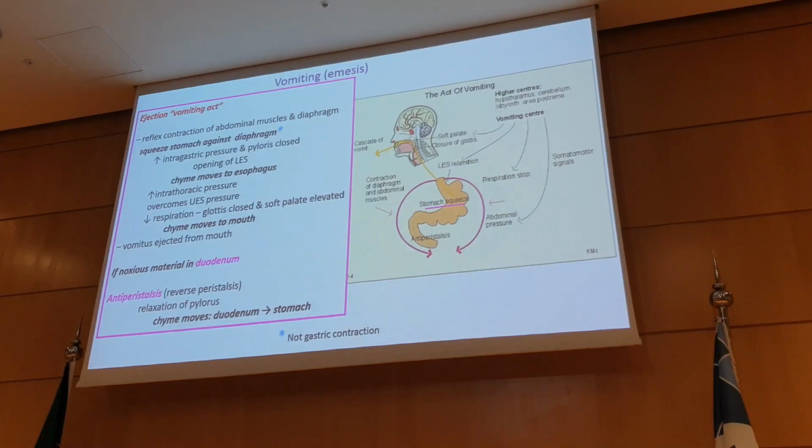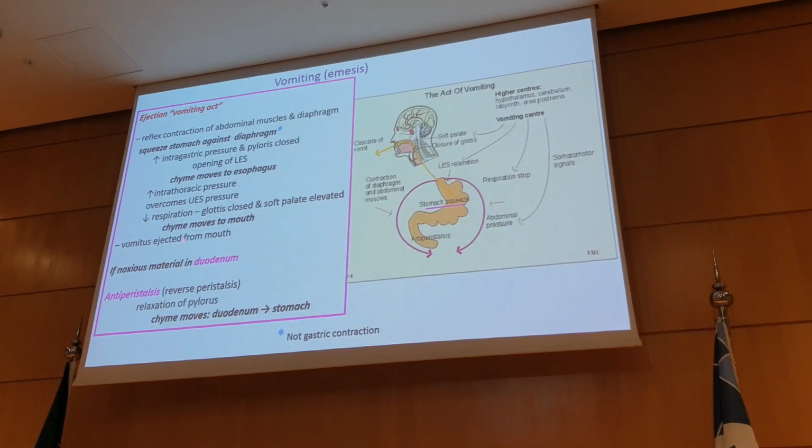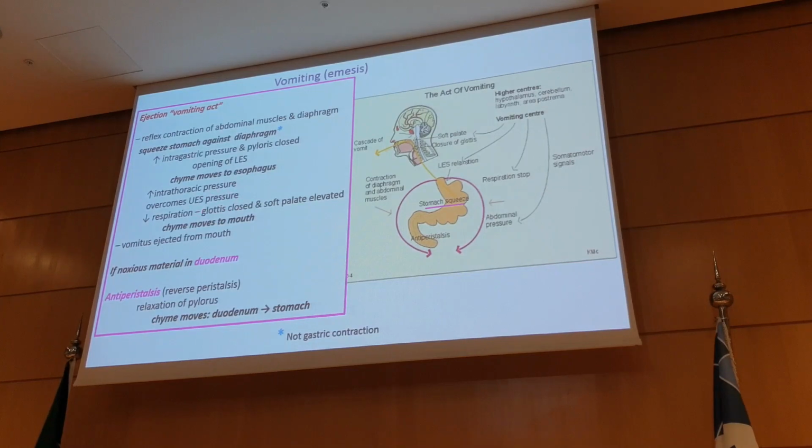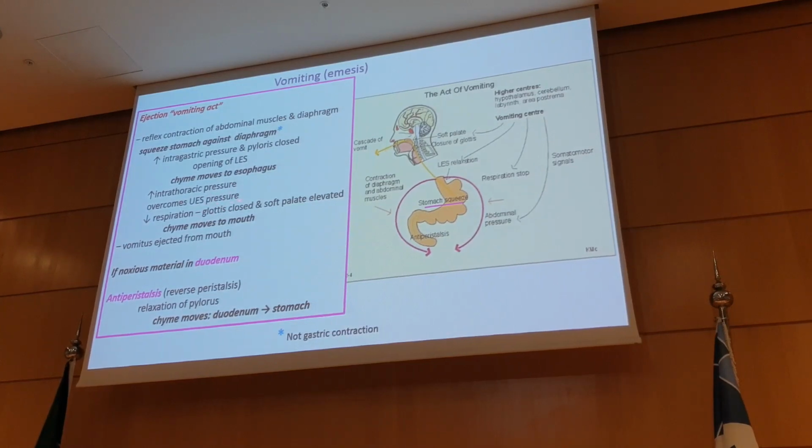Just like if you start laughing while you're trying to drink milk or something, it'll come out of your nose. And so eventually, once these things are working, you protect your respiratory tract and eject it, okay?